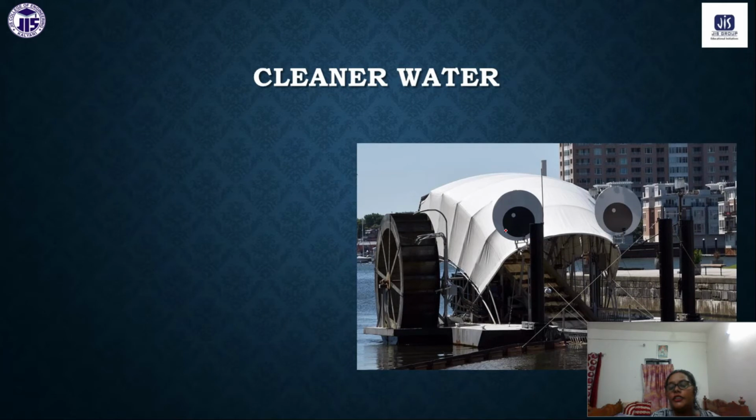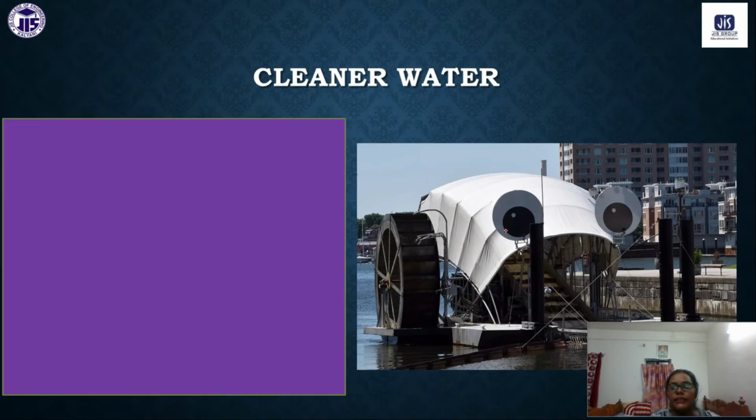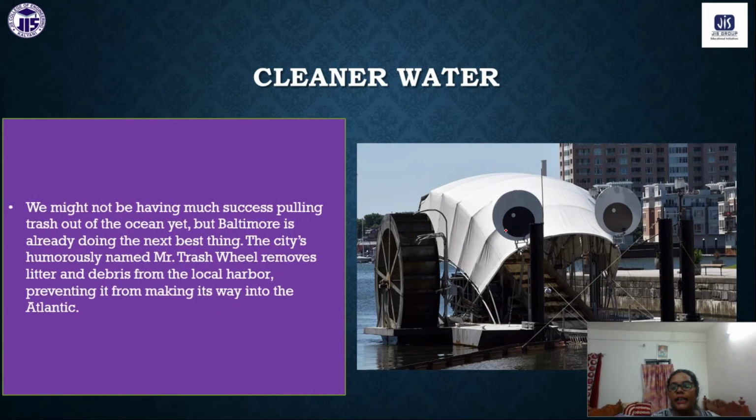Next, we have the cleaner air. This is an instrument which can be used to remove pollutants from the water body. We might not be having much success pulling trash out of the ocean yet, but Baltimore is already doing the next best thing.